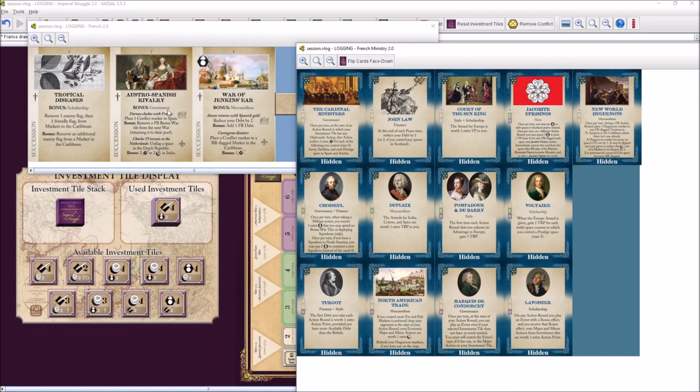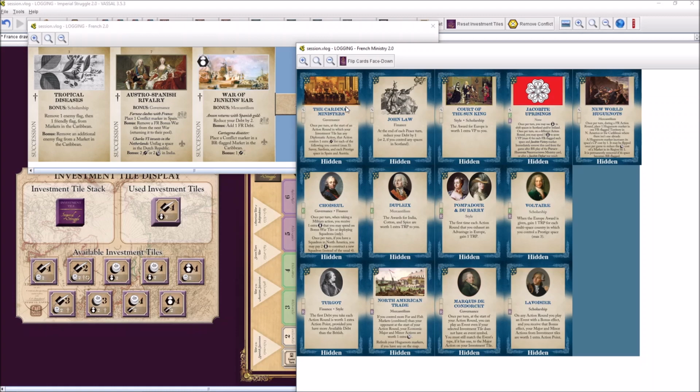You should pay special attention to each and every event which has a symbol of diplomacy, because that means you will be able to do a major diplomatic action, and believe me, this is one of the key things, especially for the fight in Europe. So what kind of governance ministry card we have?